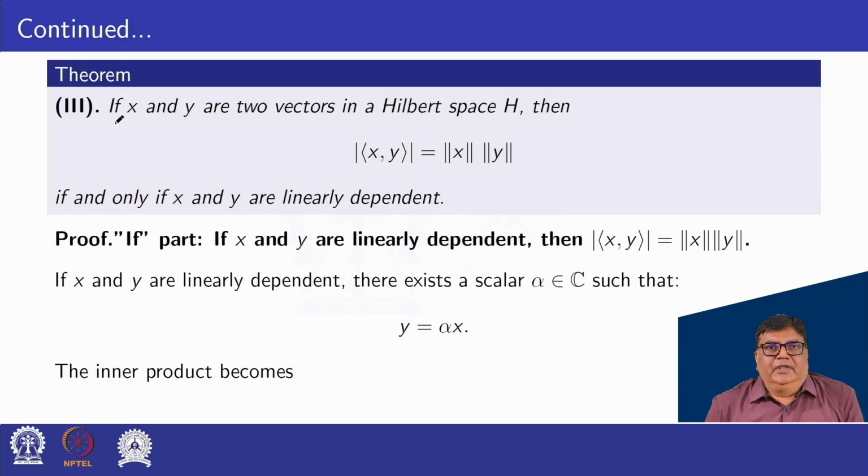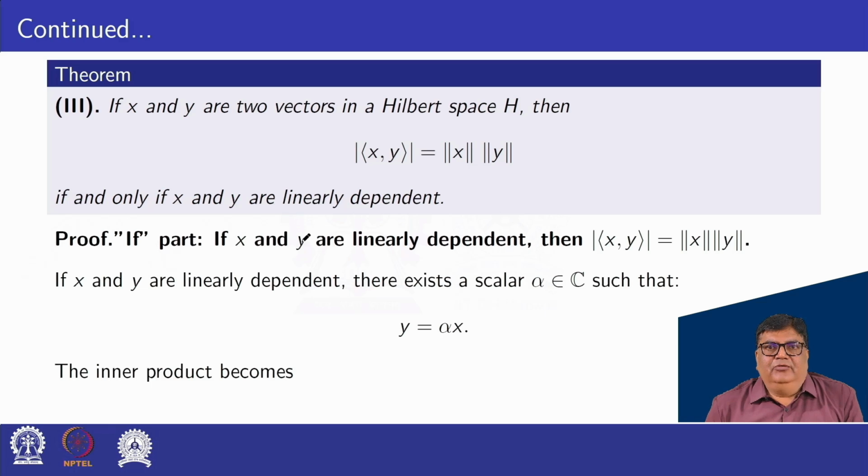Third, if x and y are two vectors in a Hilbert space H, then modulus of the inner product of xy equals norm x into norm y, if and only if x and y are linearly dependent. Proof, first part, that is the if part.